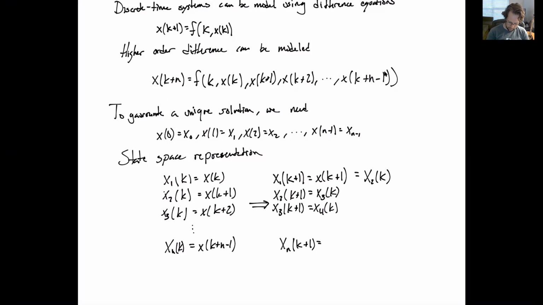So that'll be f of k, x1, x2, x3, all the way up to xn, and these are all indexed by k on the right hand side of this equation.